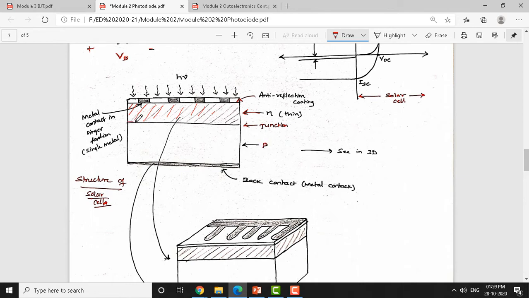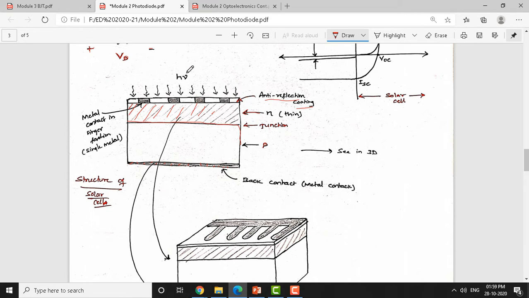There is also a back contact, the shaded portion here. On top of this there is an anti-reflection coating in the empty spaces. This avoids the reflection of photons to other regions. It tries to focus the photons onto the semiconductor surface. That's the basic necessity of this anti-reflection coating.